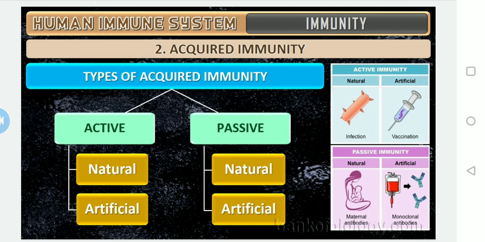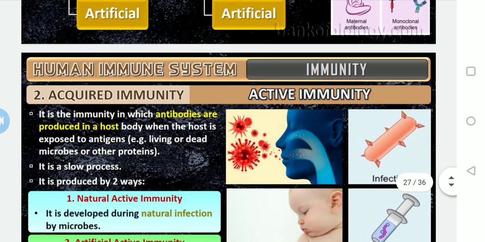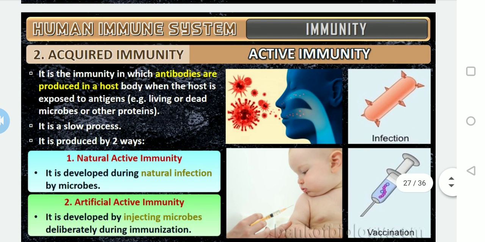The passive is again differentiated into natural and artificial. Let us discuss one by one. The first one is active immunity. Please listen. Only a few things are present in the slide, the remaining things I will explain. You have to observe clearly and note down.